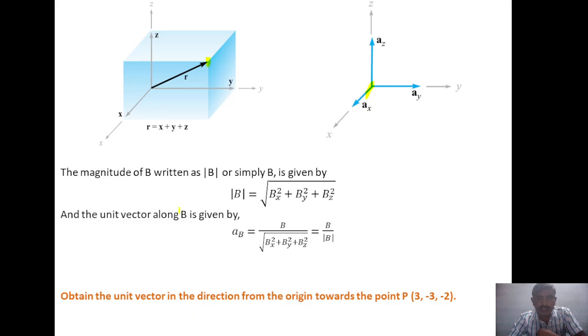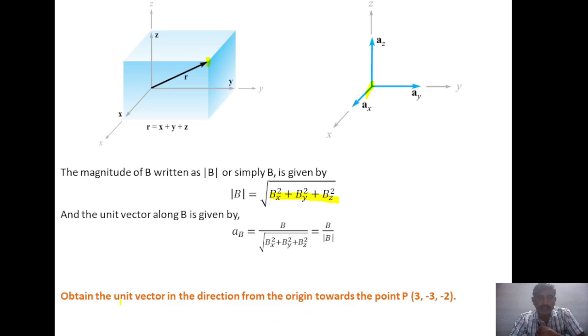We can write the magnitude of b as the square root of bx square plus by square plus bz square. The unit vector can be determined as a suffix b. So unit vector of b is equal to vector b divided by magnitude of b, where the magnitude of b is root of bx square, by square, bz square. This is the way we find the unit vector of a given vector.